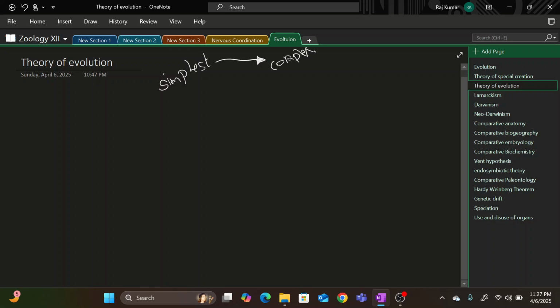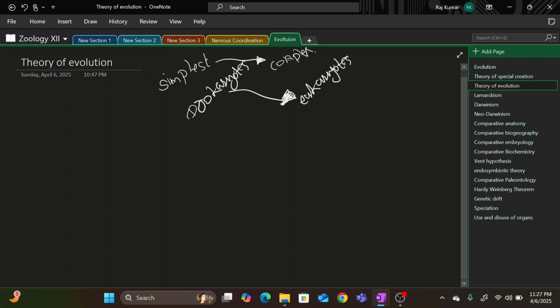Now, it is due to this fact that we believe that all eukaryotes have prokaryotes as their ancestors. Prokaryotes are the ancestors of eukaryotes.